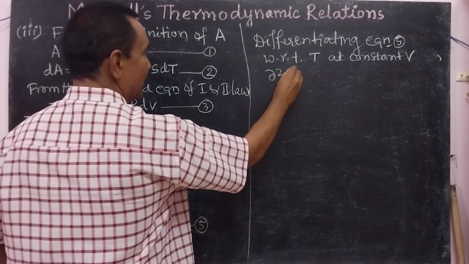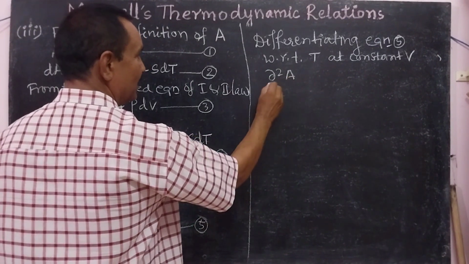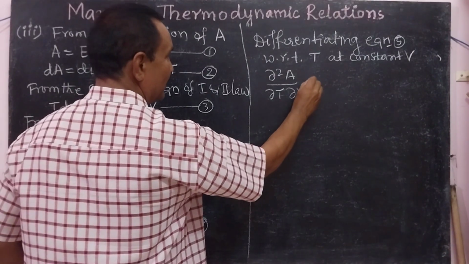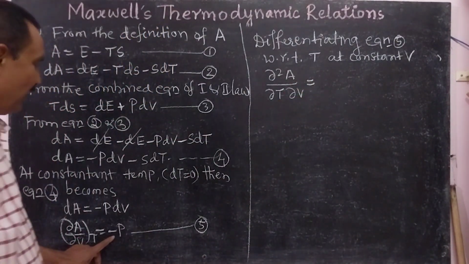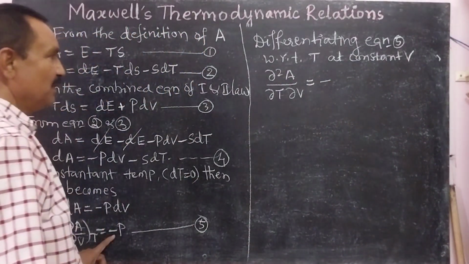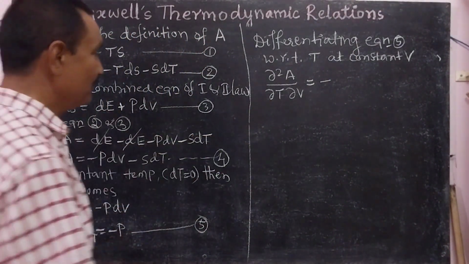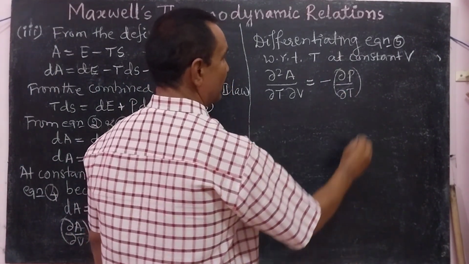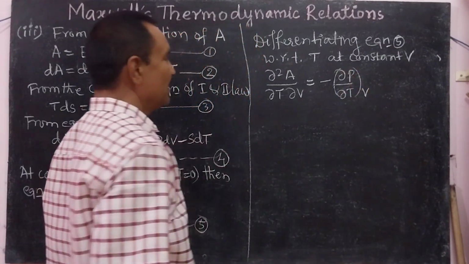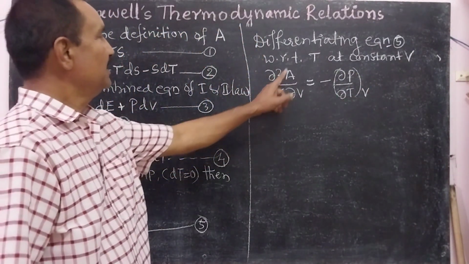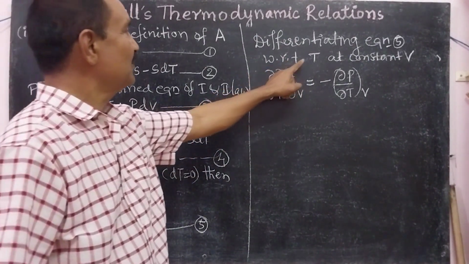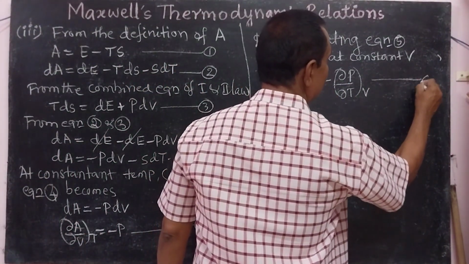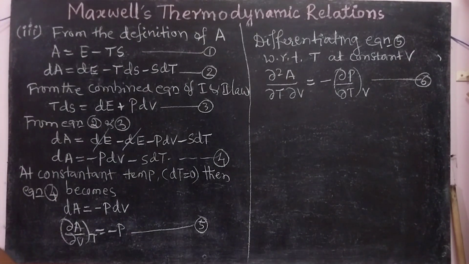Dou square A divided by dou T dou V is equal to minus dou P divided by dou T at constant V. Suppose this is equation 6.